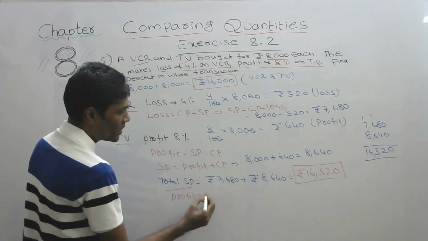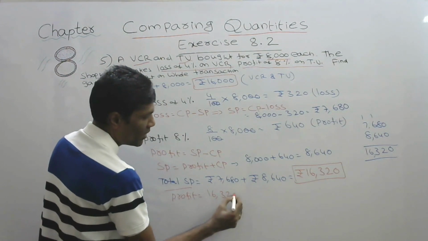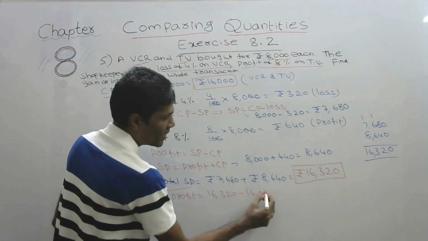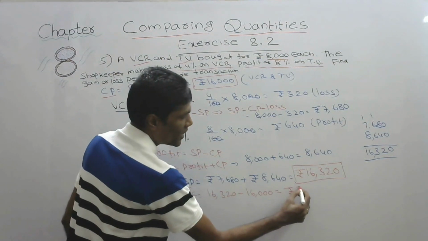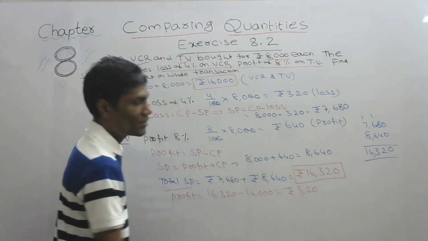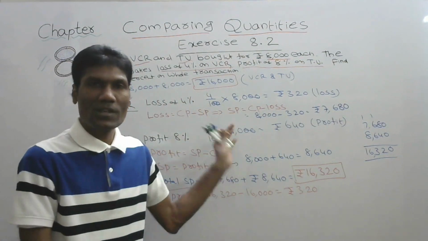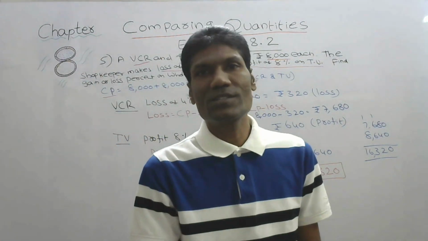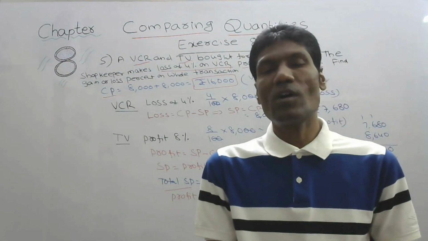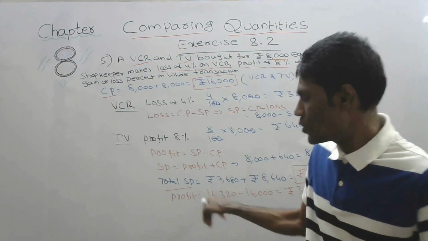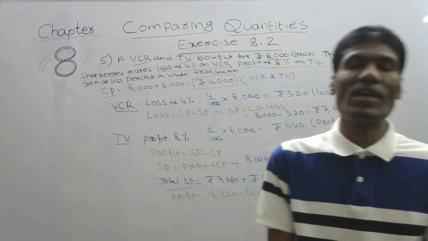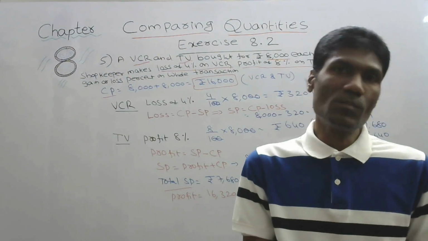Profit equals 16,320 minus 16,000, that is 320 rupees. 320 rupees is the profit. That is what he asked, how much loss or gain. So we got 320 rupees as gain or profit.